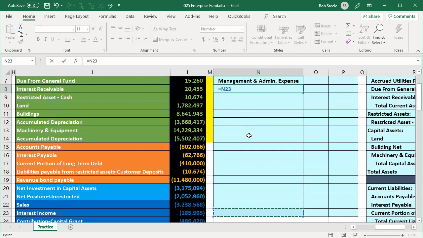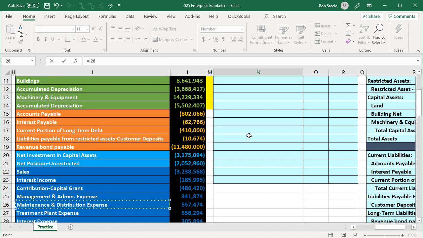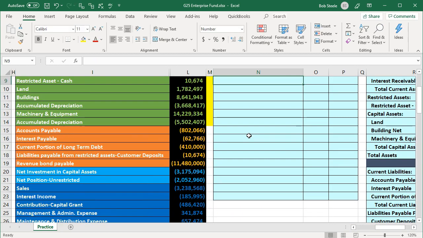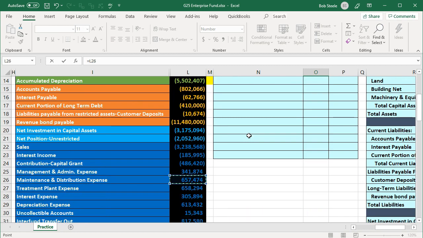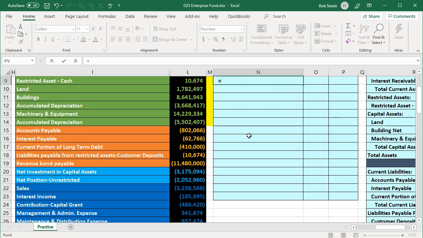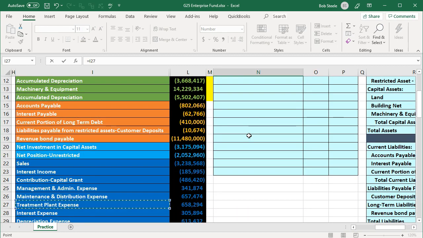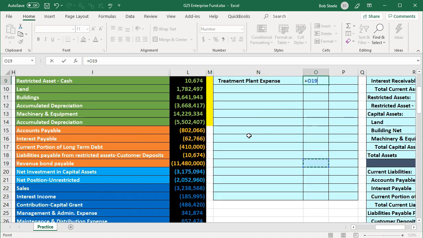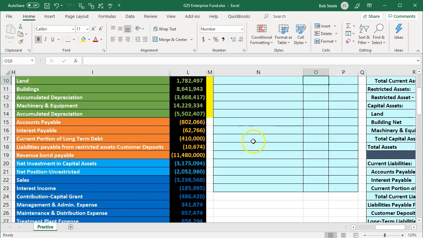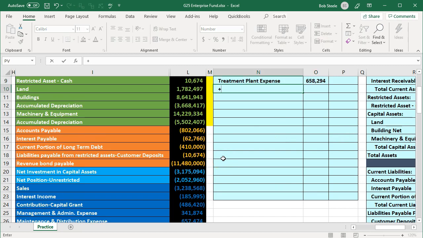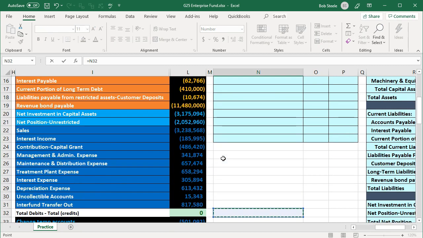So next item, we're going to say in the operating expenses is going to be the maintenance and distribution, and we're going to say that will be equal to this number. And then we have the treatment, so we're just going to scroll down and keep on picking these up in a similar fashion. The treatment is going to be equal to this one. And then we have the uncollectible accounts receivable.